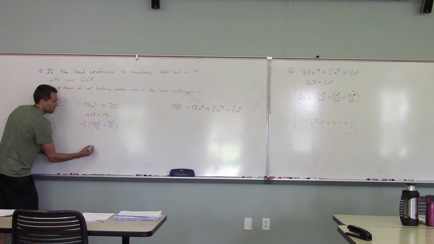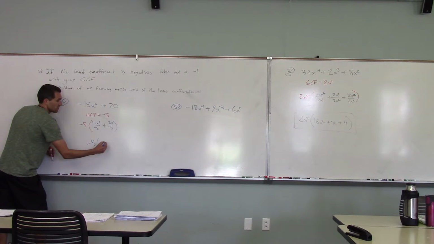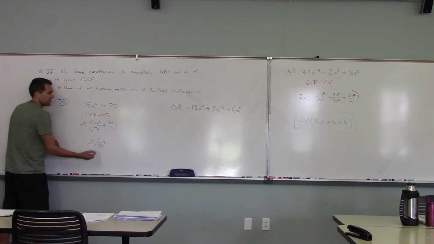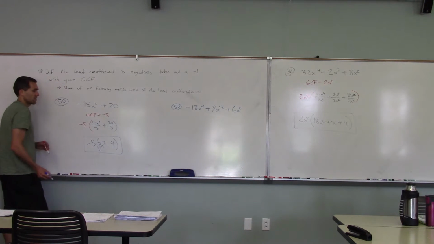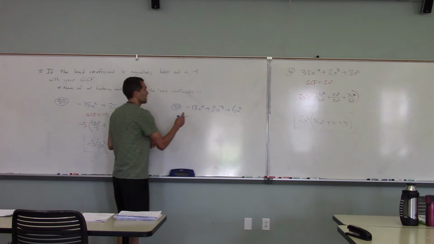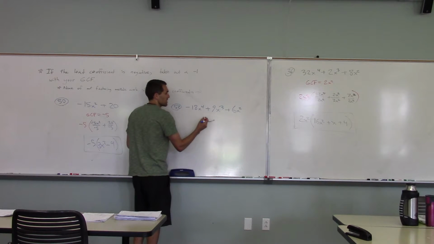So finally we have 3x squared minus 4. And now that the lead coefficient is positive 3, we're good to go.